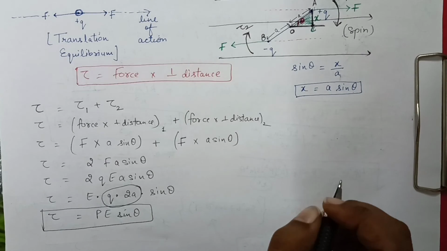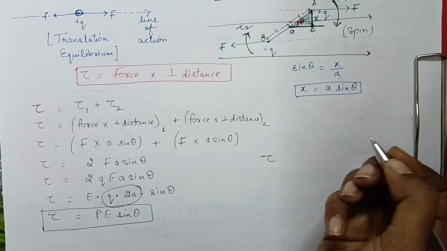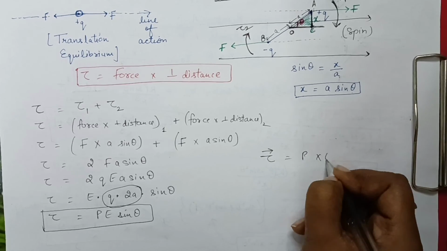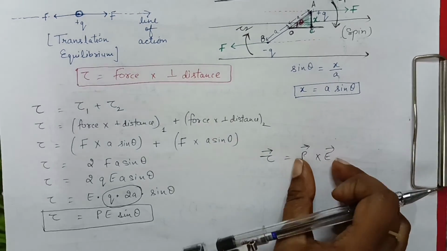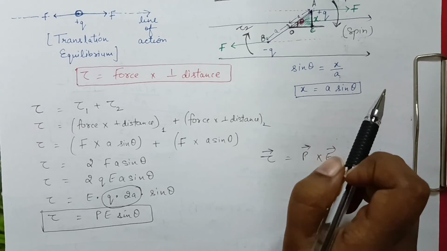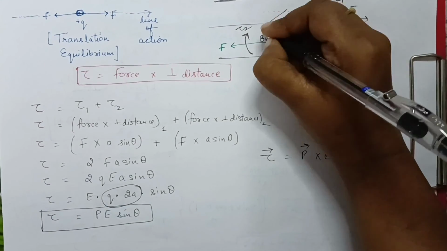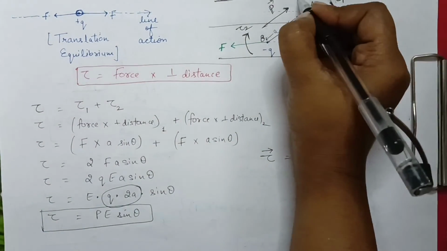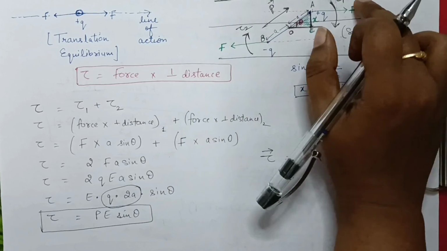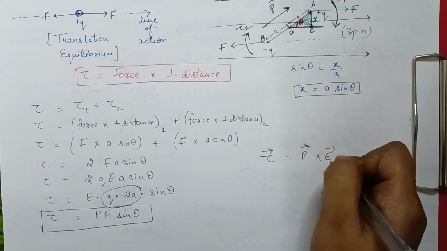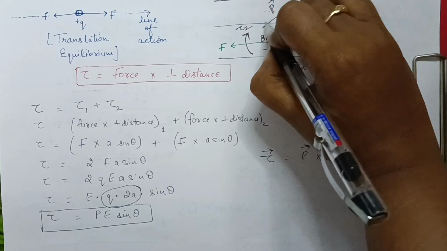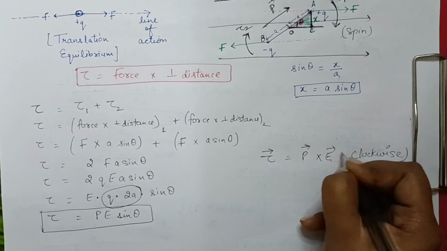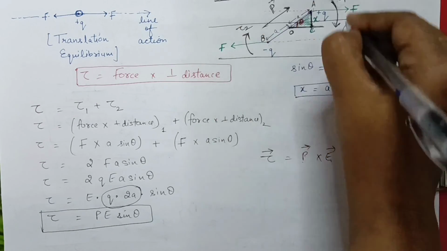Or if you want to define the direction of torque, in which direction torque is applied, that will be equal to p cross E. How do I know? Because when you do p cross E, the direction of p is from minus q to plus q, like this. This is the direction of p and this is the direction of E. So when you do p cross E, it moves clockwise, like this.